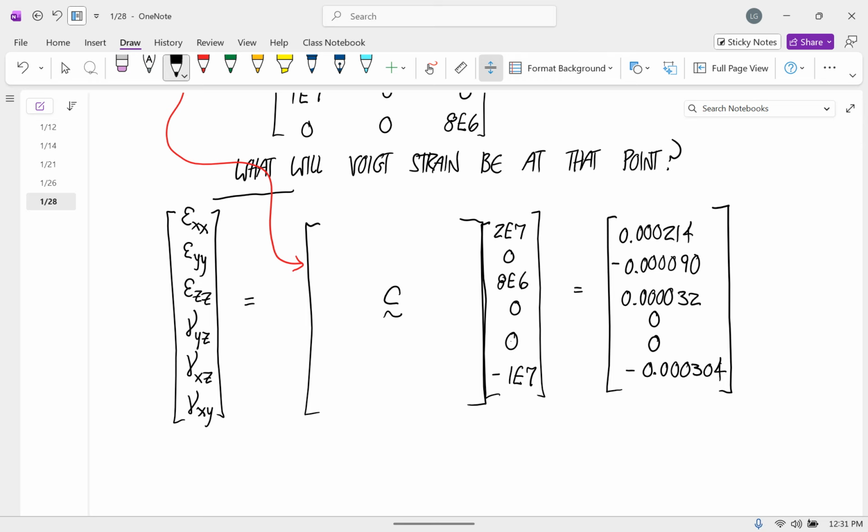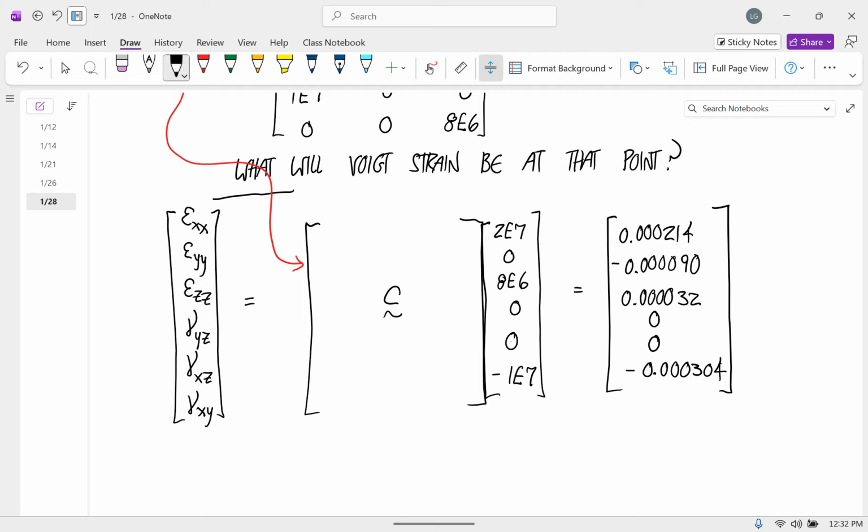And so what this says, if you could sketch the parallelepiped that comes out of this calculation, you get a little bit of stretch in the x direction, a little bit of compression in the y direction, a little bit of stretch in the z direction, and then the angle between the positive x and positive y faces becomes a little more obtuse.